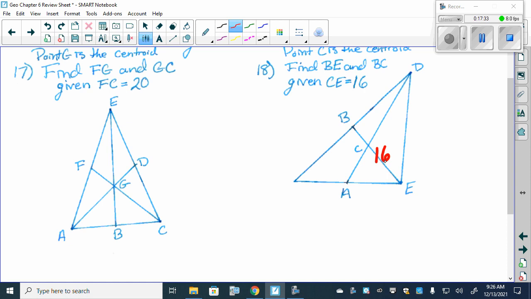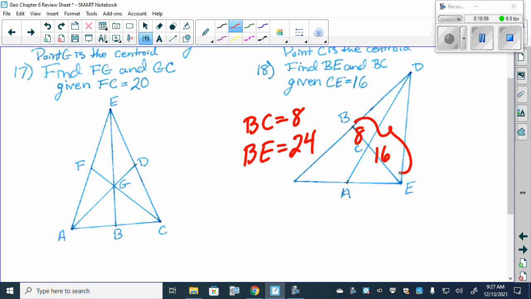So since 16 is the bigger, half of 16 is? So BC is 8. We still need BE, which is the whole, and I can just add these two together. So really, once I get the bigger or smaller, I can find the other. Yes?